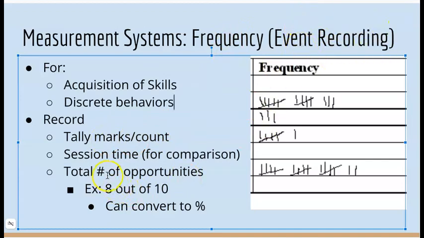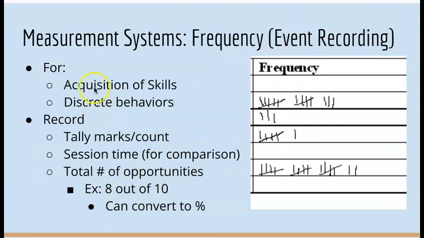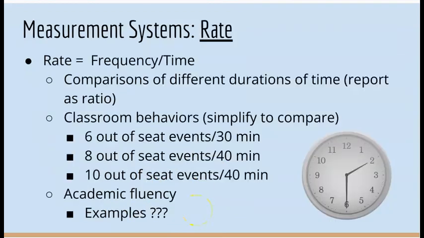And sometimes with your event recording, if it is acquisition of a skill, the learner responding to a task direction, you will also know how many opportunities they had. So not only would you have the frequency or the count, you would also be able to have a percentage correct. All right? The other thing that you can evaluate from frequency or count is rate.